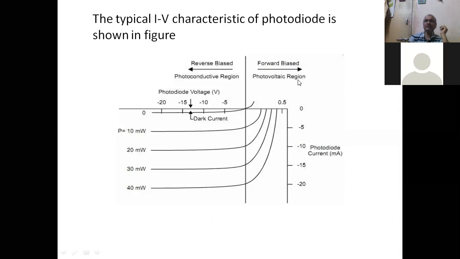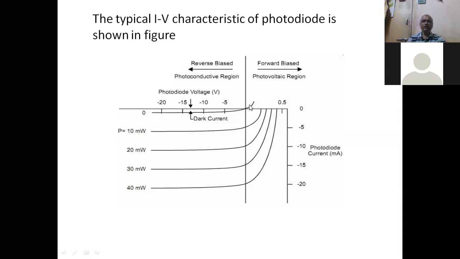This is the reverse bias condition, and the forward characteristics of this diode are similar to the ordinary diode. If you connect the photodiode for the forward characteristics, you will observe that they are similar to the ordinary diode. But we are not interested in the forward characteristics. We are interested only in the reverse characteristics.